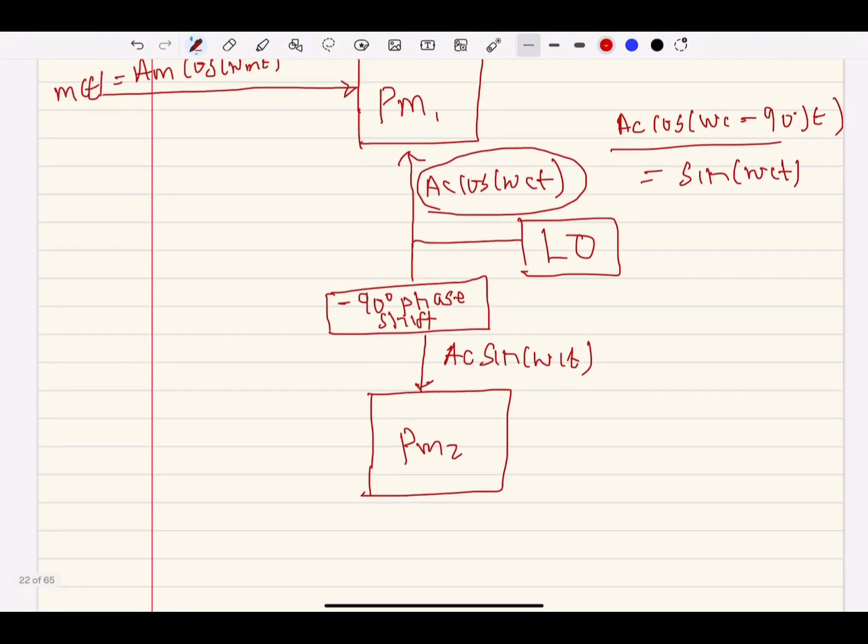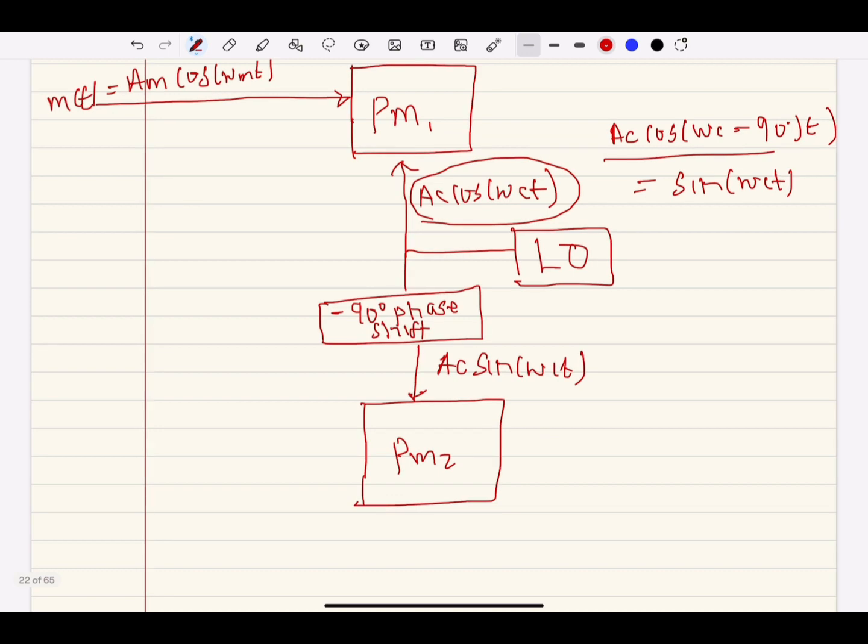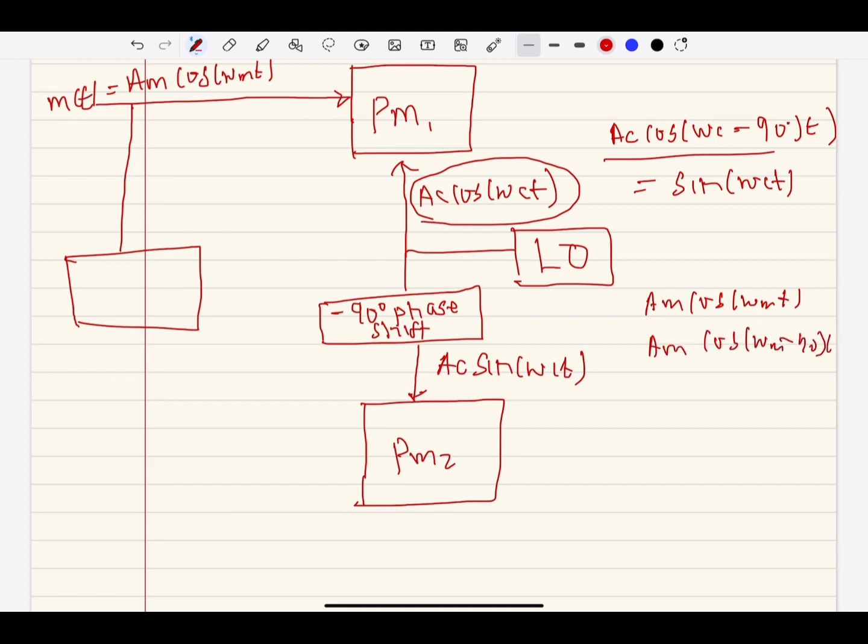The same thing applies to the message signal. We need to phase shift the message signal by minus 90. And remember that the message signal is Am cos ωm t. So when we phase shift it, we are going to get Am cos(ωm t − 90°).